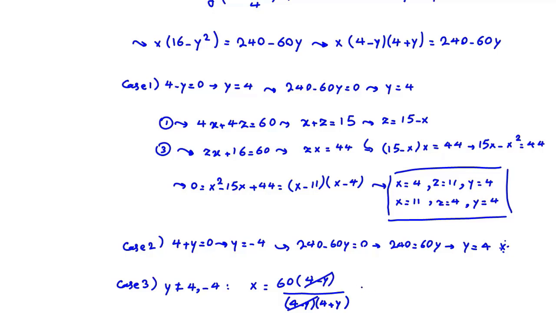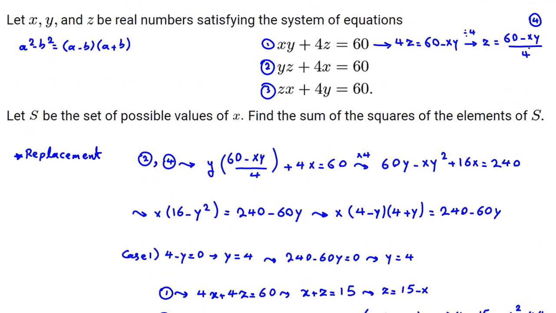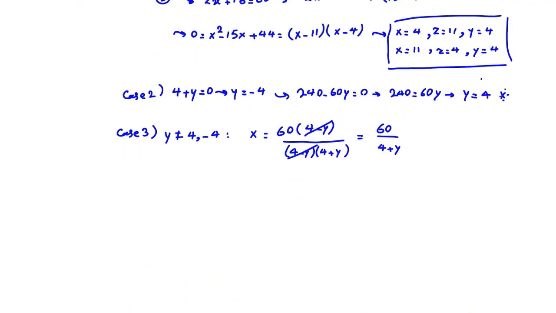Then we cancel 4 minus y, it will be 60 over 4 plus y. Okay, so let's see what we found so far. z equal to (60 minus xy) over 4. x equal to 60 over 4 plus y.